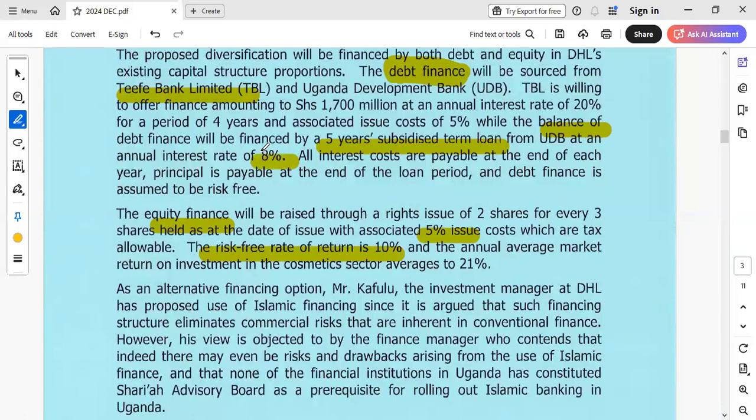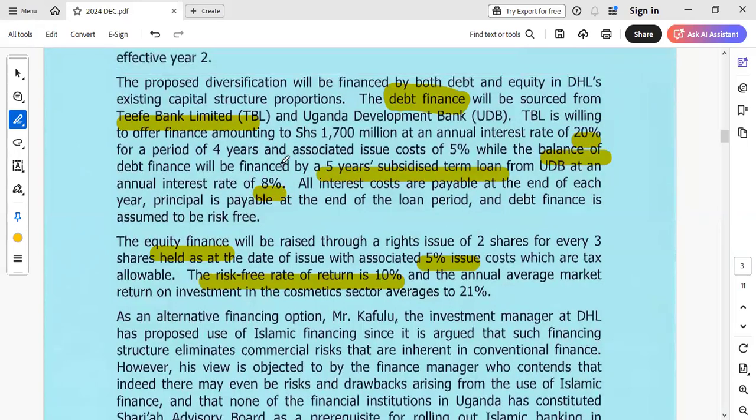Remember, you are getting a loan at 20%. But because there is another source giving you a loan at 8%, it means that indirectly you are saving.